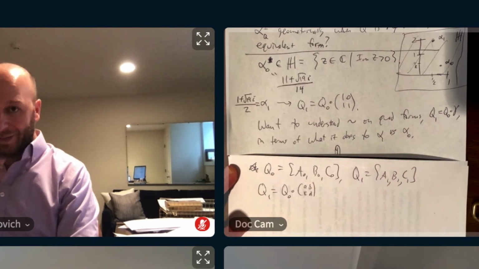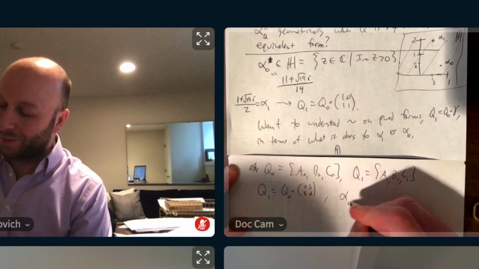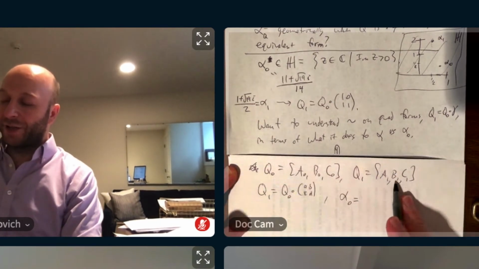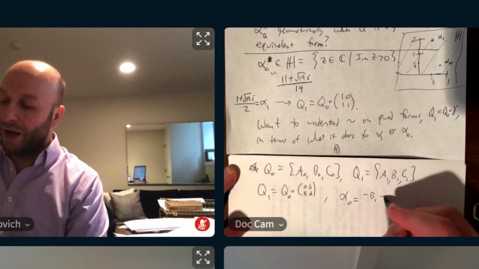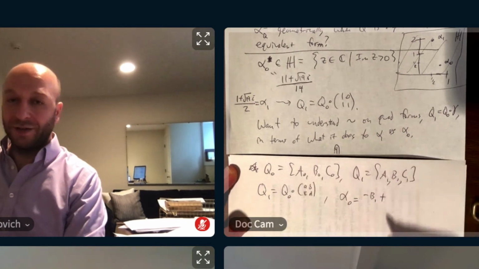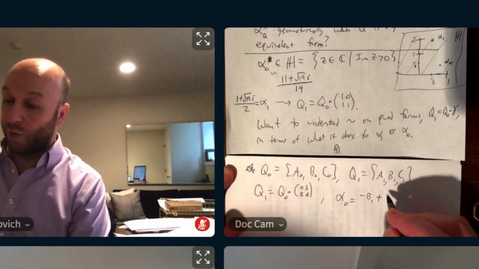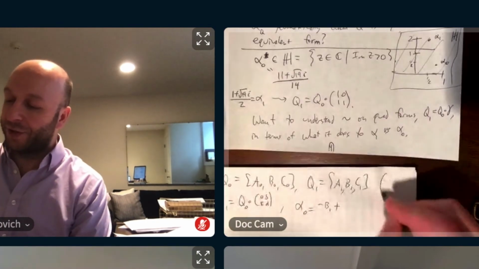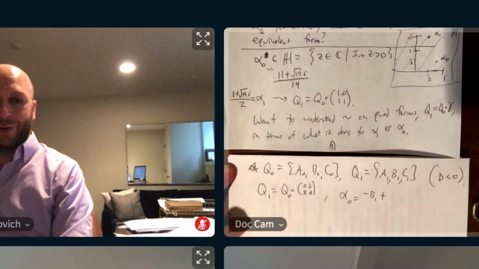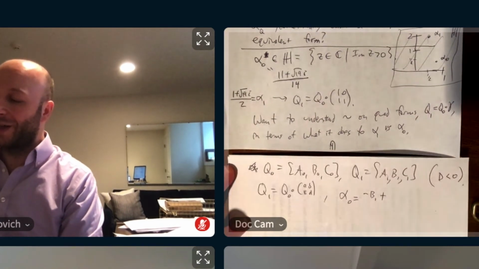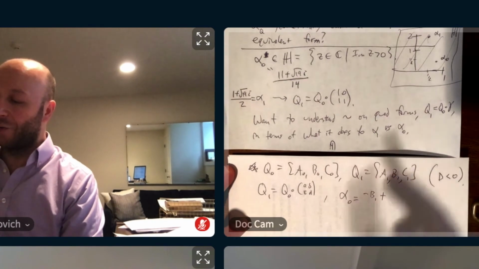Then there's alpha 0. Alpha 0 is the root of this quadratic polynomial, so that's negative b0 plus root D, taking the one in the upper half plane, so the plus sign. We're treating this for negative discriminant. There's a different story for positive discriminant, for the real roots.